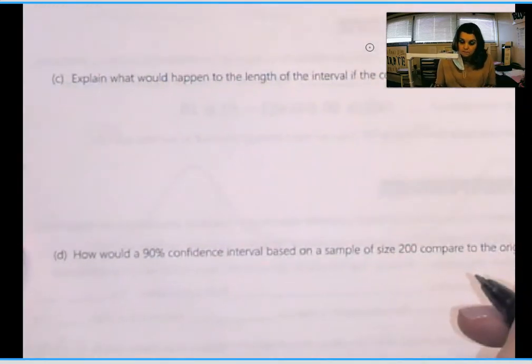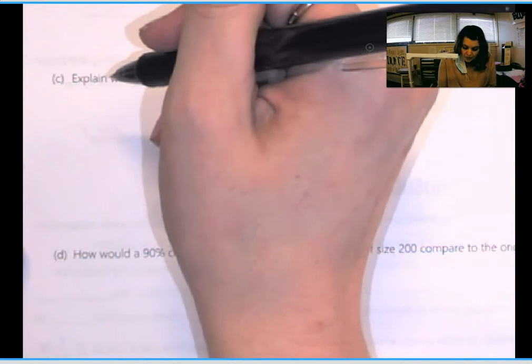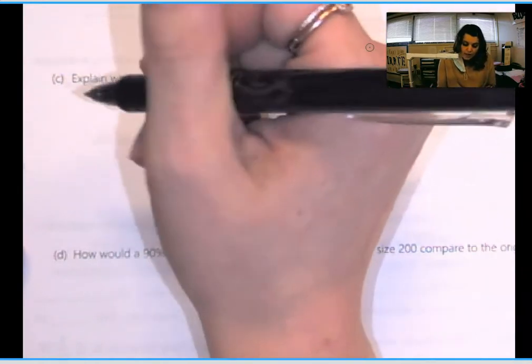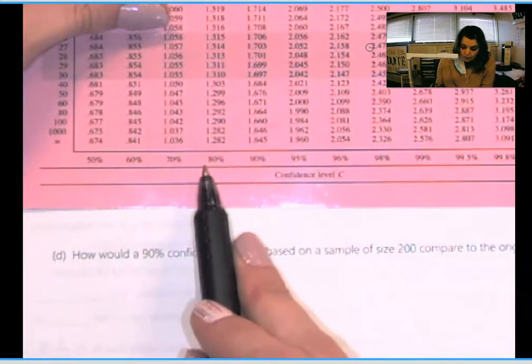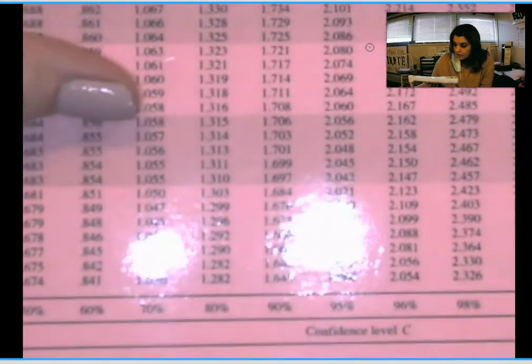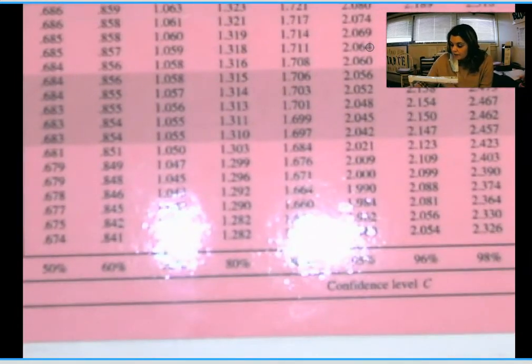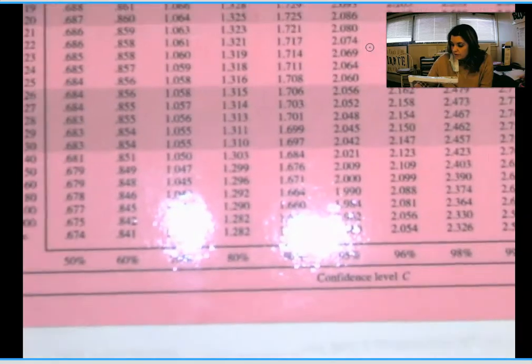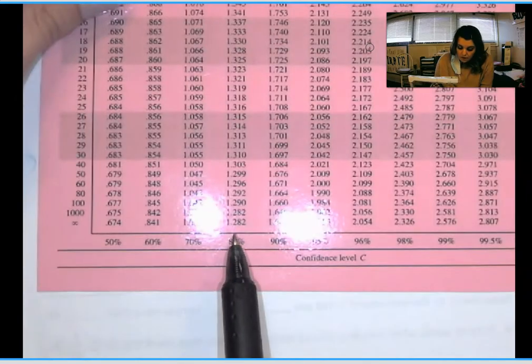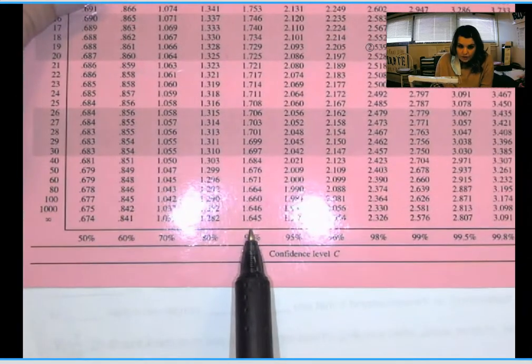So the first one says, explain what will happen to the interval, the confidence interval, if our confidence level were increased to 0.99. So the first thing that I want to look at is some values on our pink table. So if I move from left to right, I notice that my critical values get larger.